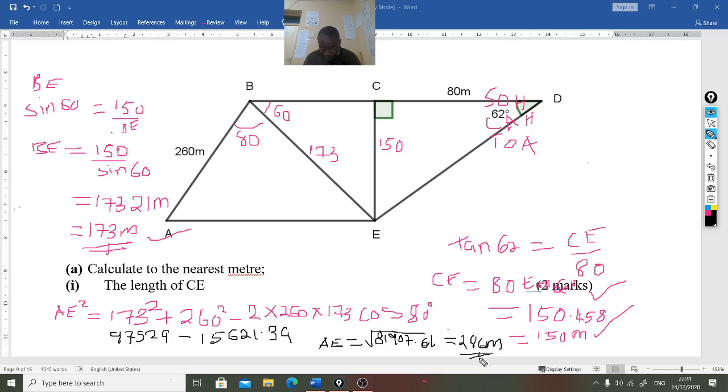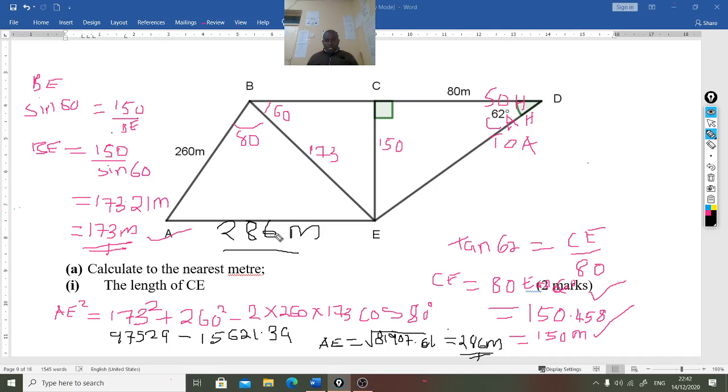So 286 meters, AE is 286 meters. If I have that, then I'm asking the last question, to find the perimeter.